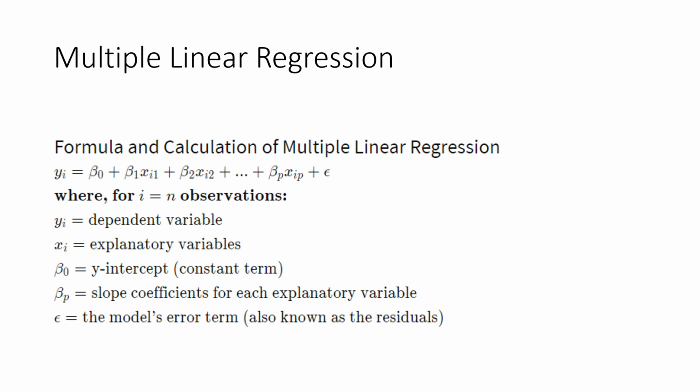Okay, so the multiple linear regression, or the MLR, also known as multiple regression, is a statistical technique that uses several explanatory variables to predict the outcome of a response variable.